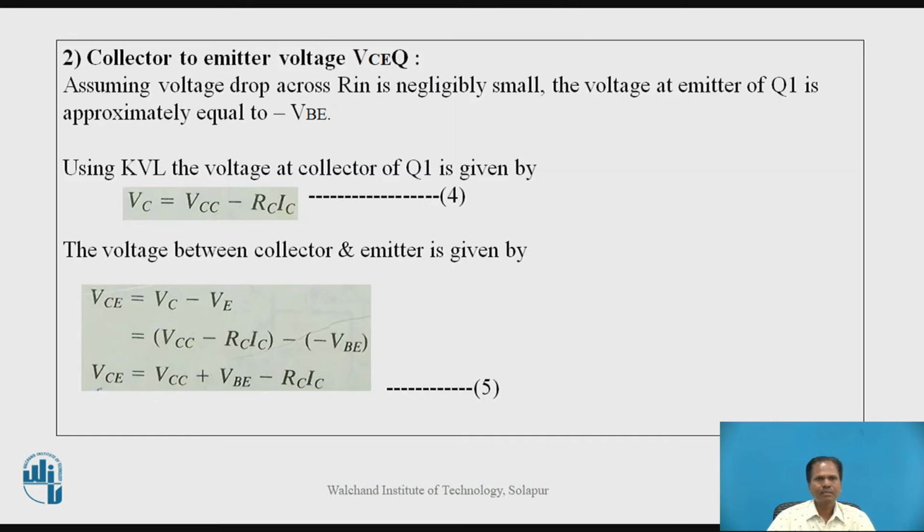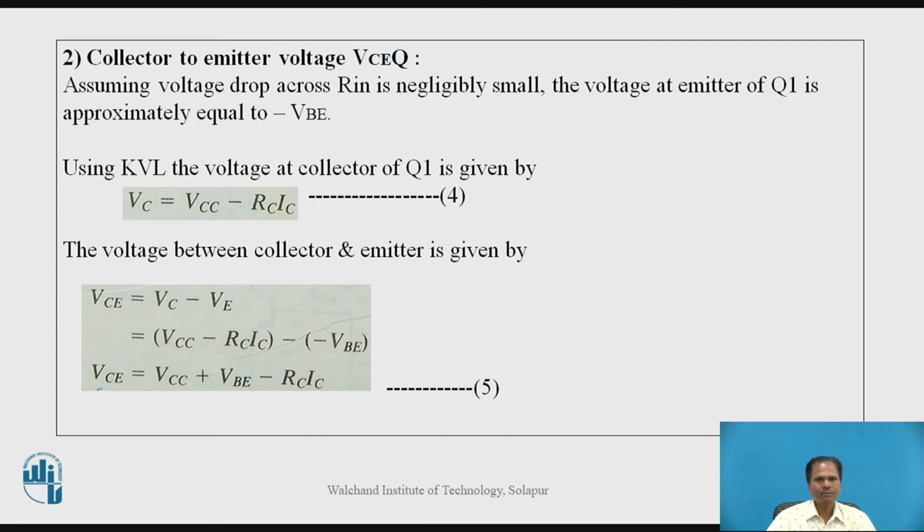Now let us go for the collector to emitter voltage VCEQ at the Q point, or DC operating point. Assuming the voltage drop across the source resistance Rin is negligibly small, for simplicity we can neglect it. The voltage appearing at the emitter of transistor Q1 is approximately equal to minus VB. Using Kirchhoff's voltage law, the voltage at the collector of transistor Q1 is given by Vc equal to VCC minus RC into IC.